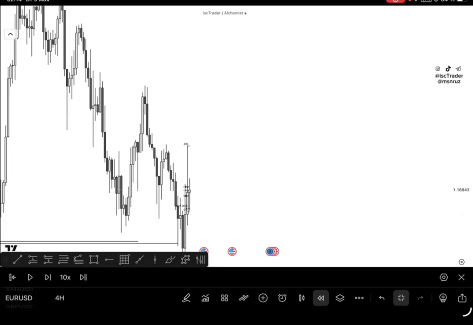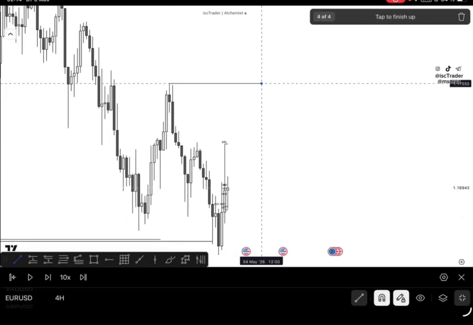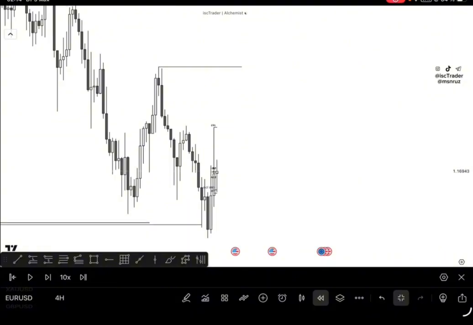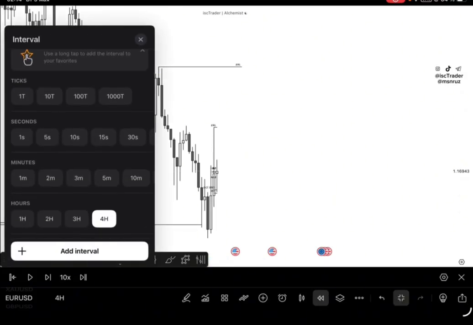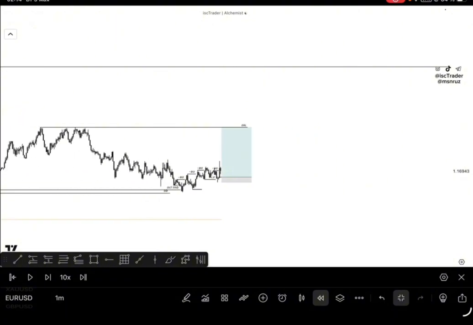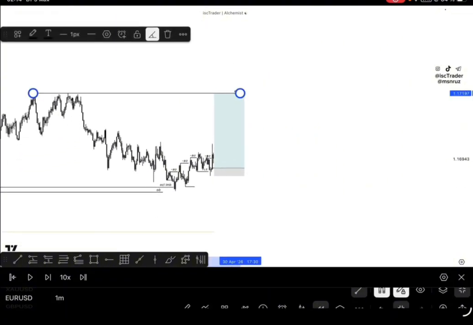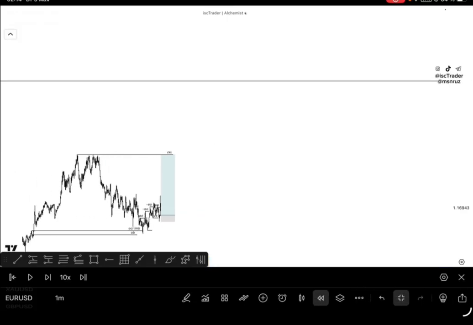And our second take profit is another external range liquidity. As we have seen on the one-day time frame, this was indeed external range liquidity. The first take profit level, and this is the second take profit.